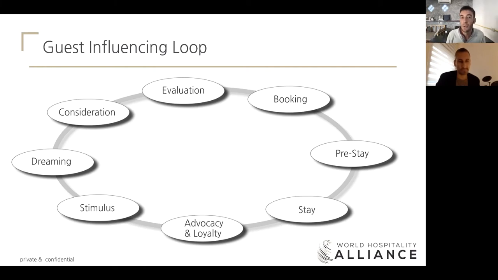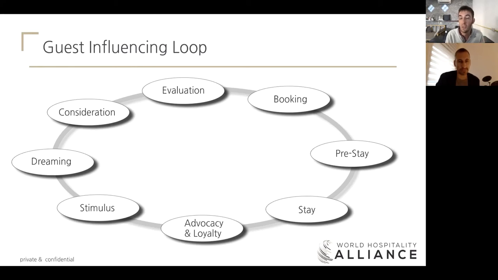Then consideration and evaluation is also what we call planning. It's essentially when people start actively looking for hotels and considering and planning their stay. That is where we compete with each other a lot, and not only with each other, but with the OTAs, meaning online distribution channels.